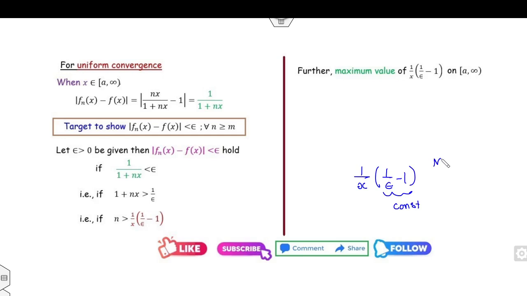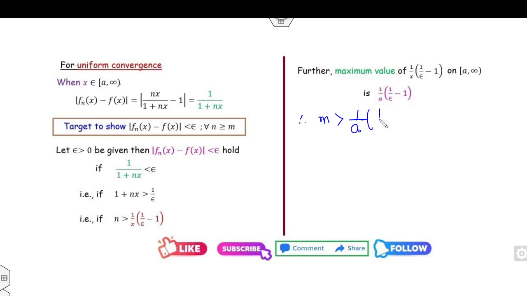So your target is to find the maximum value of 1 over x, which is equivalent to the minimum value of x. Now what is the minimum value of x? It is a. So your maximum value is 1 over a epsilon minus 1. Once you know this number, I can choose a positive number M which must be greater than this maximum number.